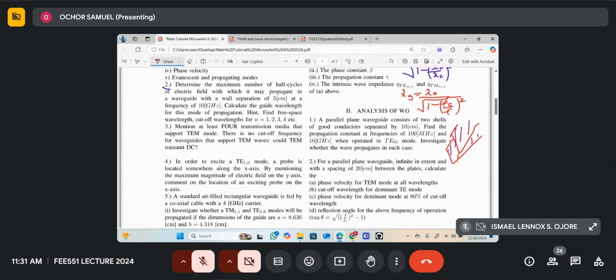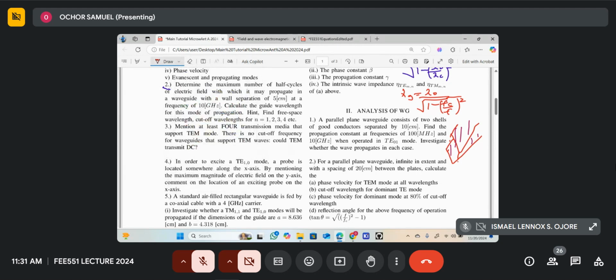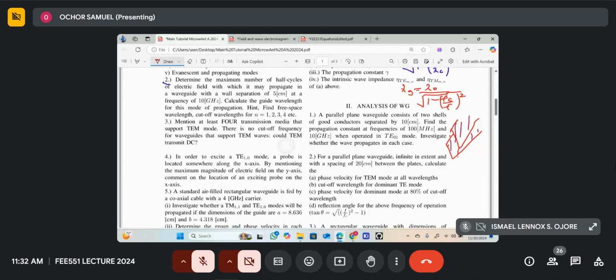So how would we go about the question, to determine the maximum number of half cycles of electric field with which it may propagate in that waveguide? The hint was to use the cutoff wavelengths.